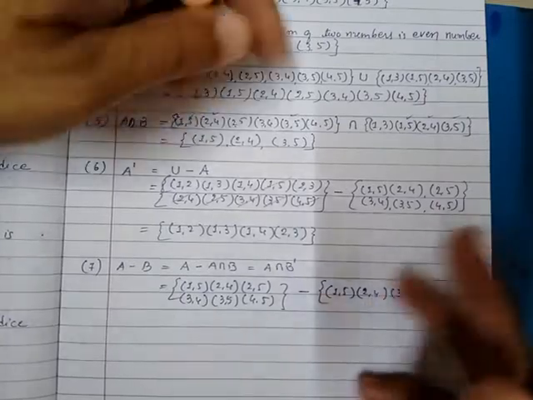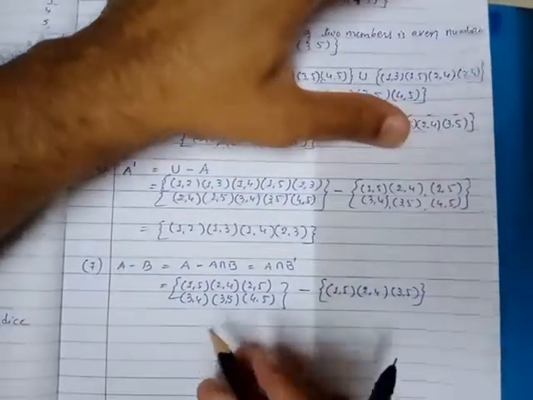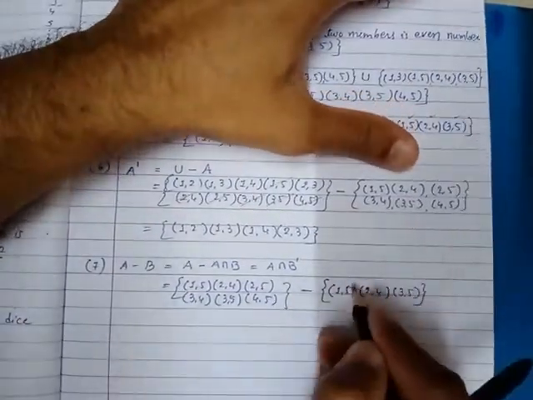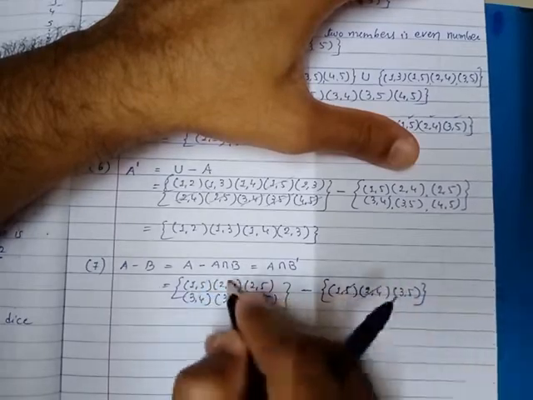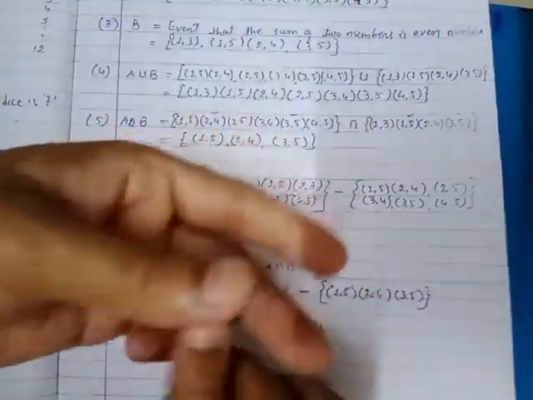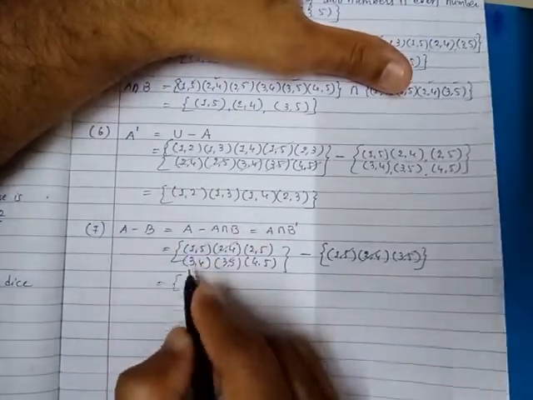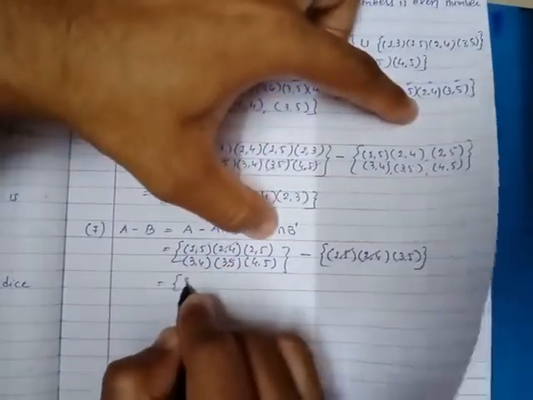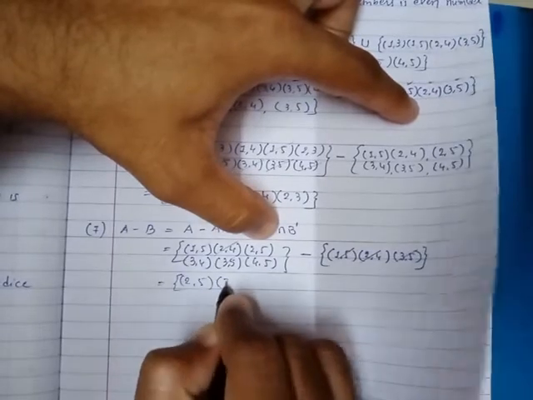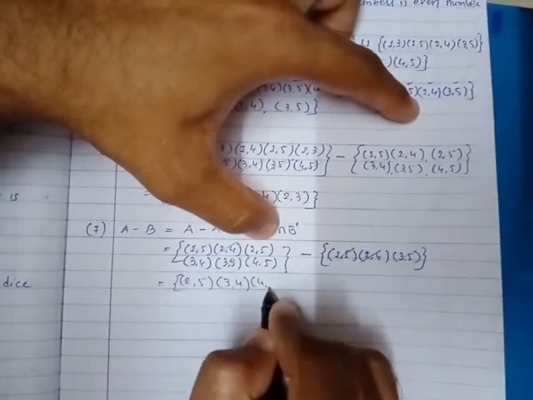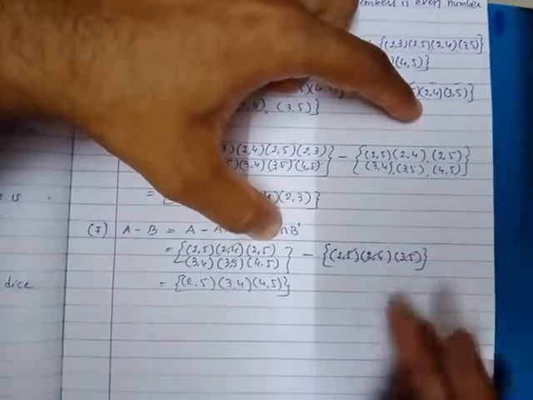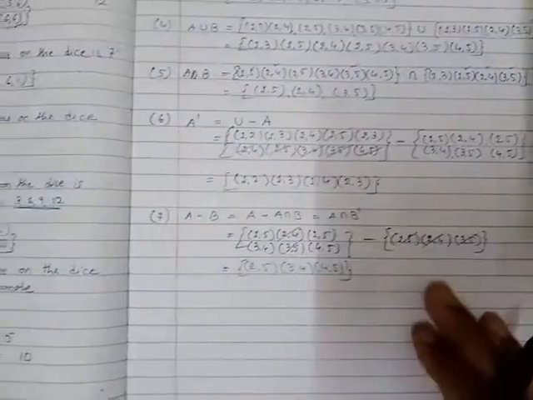So these outcomes we have to deduct from event A. 1 5, 1 5 we cancel, 2 4, 2 4 and 3 5, 3 5. The other outcomes remaining are known as difference event A outcomes. Which outcomes are remaining? 2 5, 3 4 and 4 5. That is your difference event A.